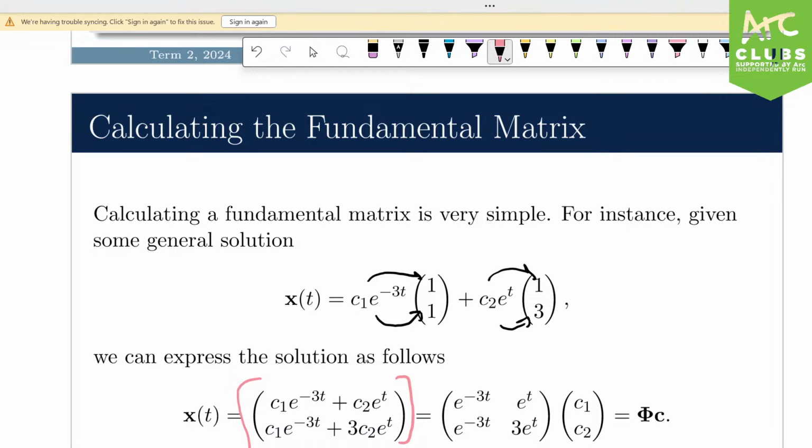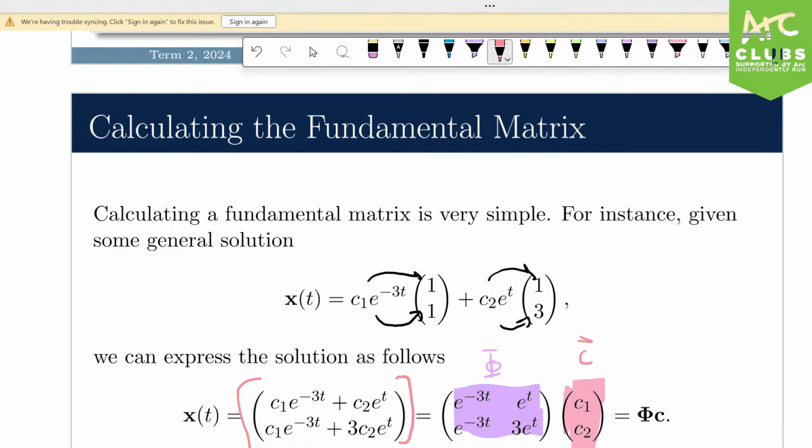Okay, recognize that we can just turn this into the product of two matrices. We can say it's the product of all the exponential terms in here, and we've got some constant matrix here. Because when you do the matrix multiplication, you're going to end up with the thing on the left here. So we let this purple matrix, the thing that I've highlighted in purple, be phi, and we're going to let this be some constant c.